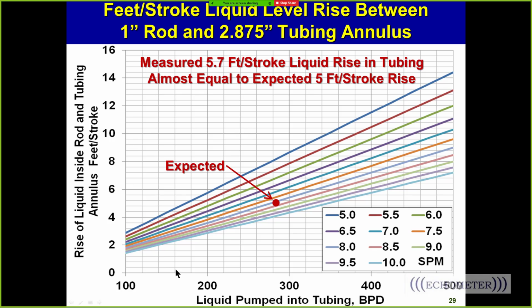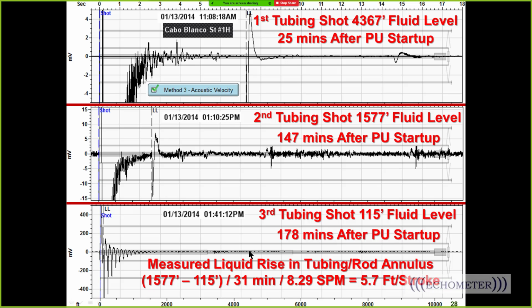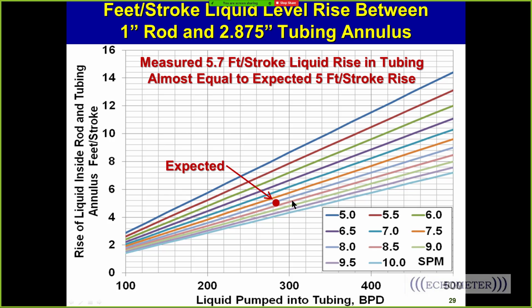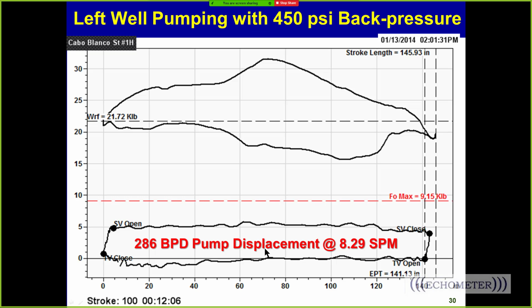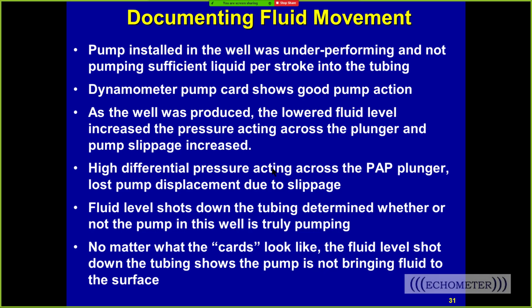This is an example where we shot the fluid level, and the fluid level is rising just like we'd expect based on the annular space between the sucker rod and the tubing. And we can see that it's coming up, and the pump's pumping exactly what it should per stroke based on the pump displacement and the fluid level shot. And then we left the well pumping with 450 psi back pressure on the tubing, making 286 barrels a day, and that worked out just great.